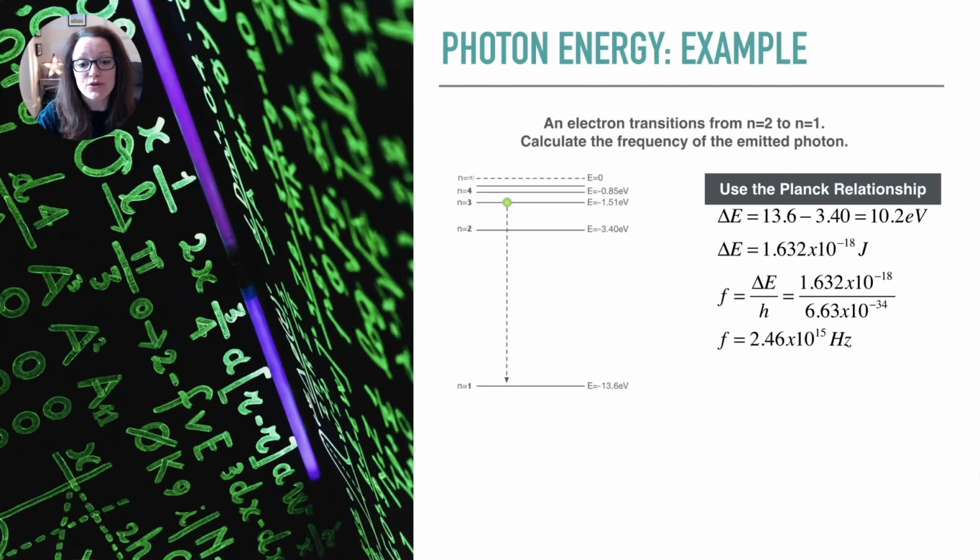So the n equals 1 value might be minus 14 and the n equals 2 value might be minus 3.6. So they've got different values of energy within the states. That means when you do the transition between the energy states, the energy change is different. The number of energy is different.